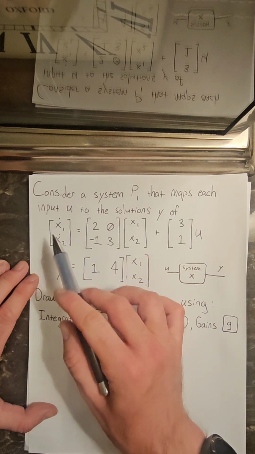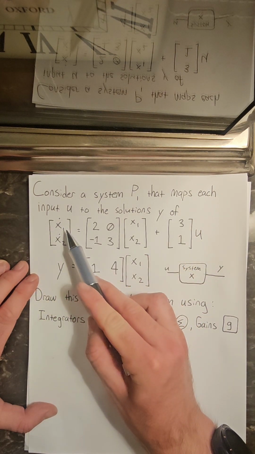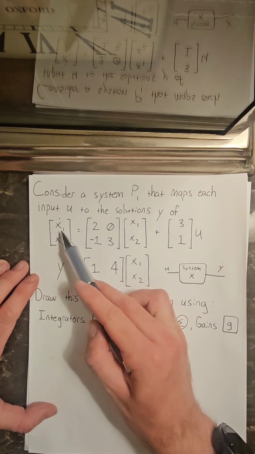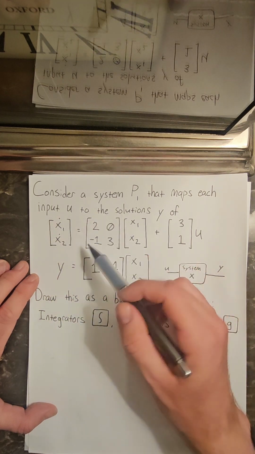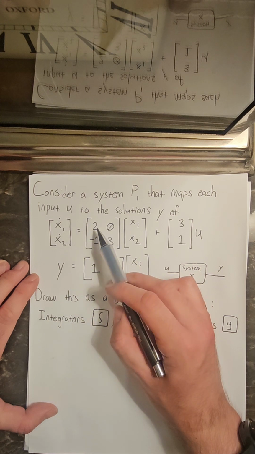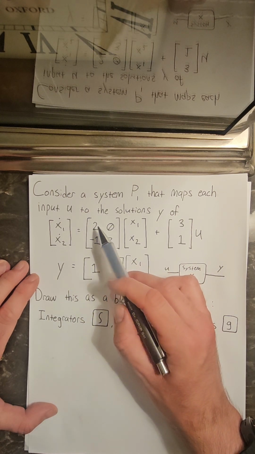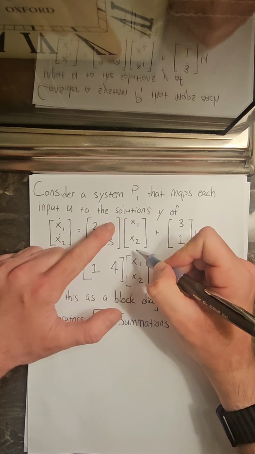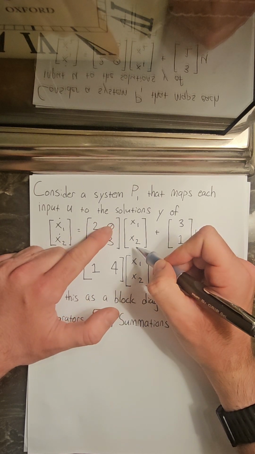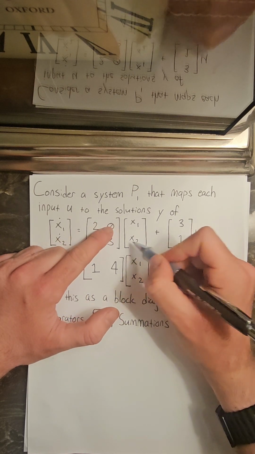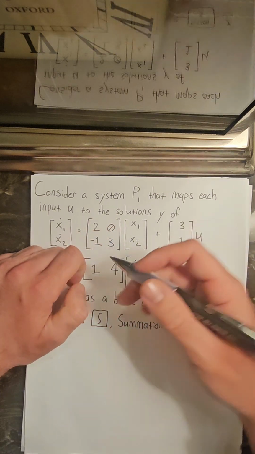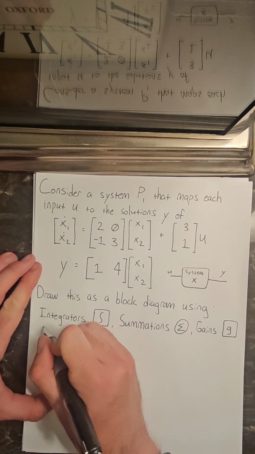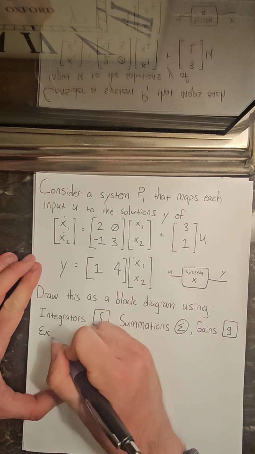So here we have x1 dot, which is the change in x1, or the change in the first thing we're tracking within the state. If you do basic matrix multiplication, it's the first row times the first entry plus the second column entry times the second row here. So let's write that out, expanding.